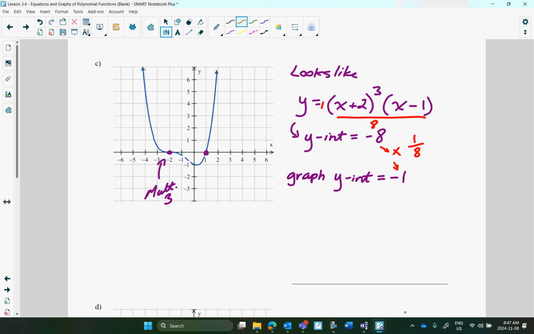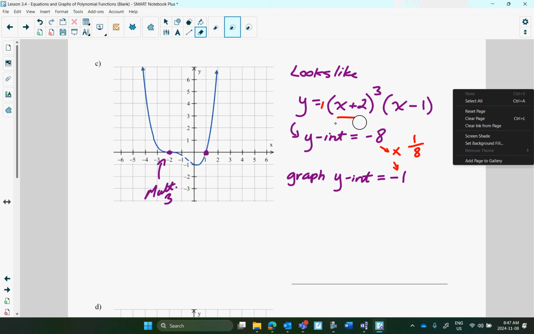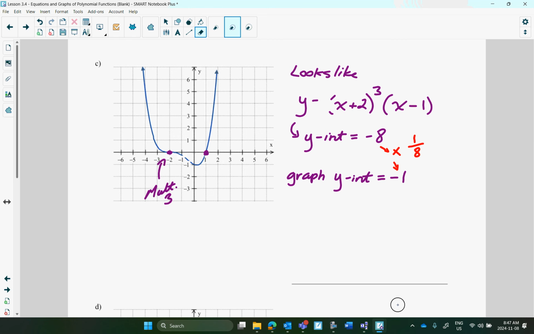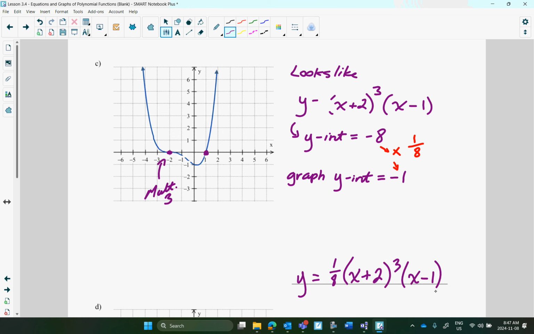Because remember, we did that when we were doing stretches in the first unit. It was always what we multiplied by. But no, that's a good comment. So we have to times by 1/8. Therefore, our final equation is going to be 1/8 times x plus 2 cubed times x minus 1. Okay?